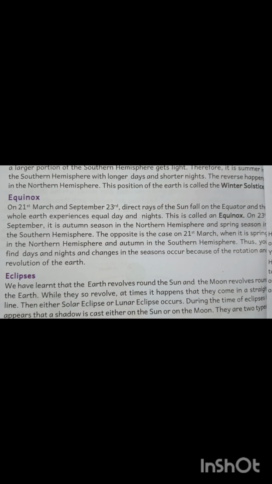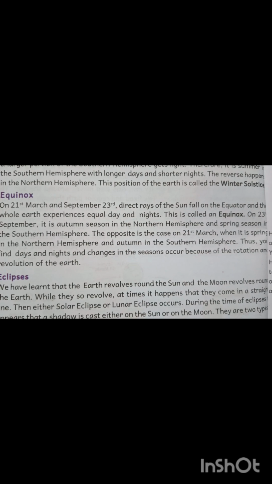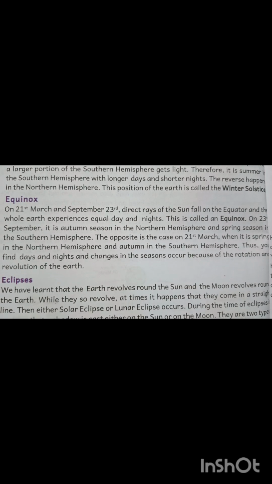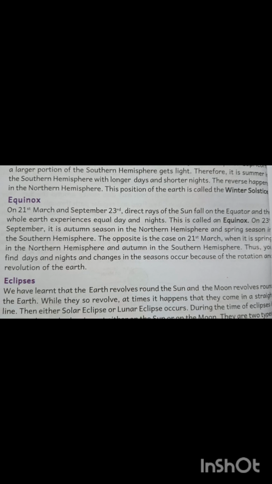Equinox. On 21st March and 23rd September, direct rays of the sun fall on the equator and the whole earth experiences equal day and night. This is called an equinox. On 23rd September, it is autumn season in the northern hemisphere and spring season in the southern hemisphere.